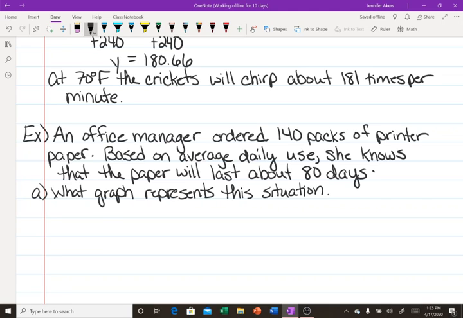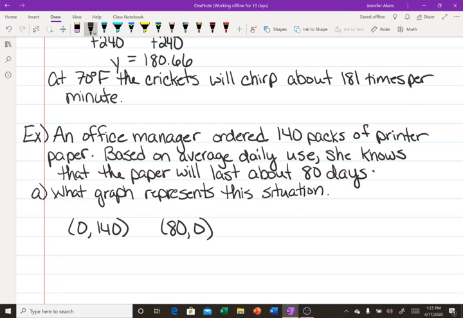Okay, let's look at what we have. An office manager ordered 140 packs of printer paper. So day 1, day 0, time 0. We have 140 packs of printer paper. We know that paper will last about 80 days. So after 80 days, we have 0 printer paper.